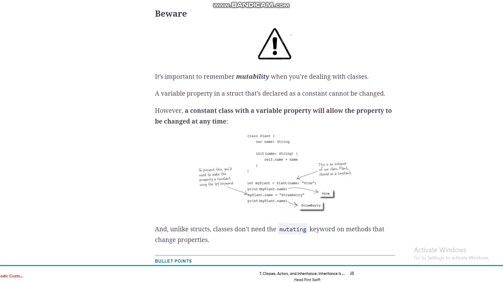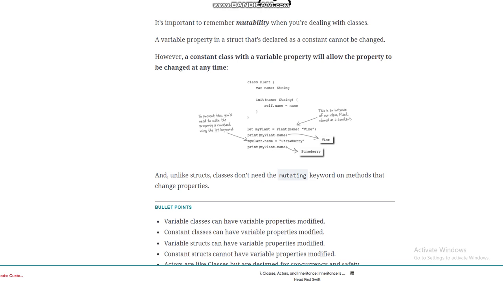Let's talk about mutating. It's important to remember that when we're dealing with a struct, a variable property declared as a constant cannot be changed. However, a constant class with a variable property will allow the property to be changed at any time.